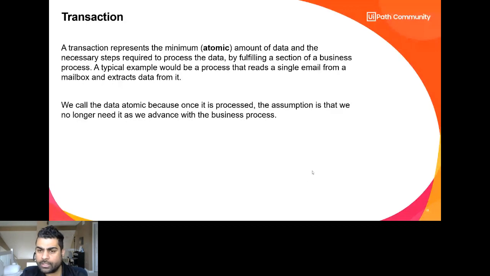So each record that I am processing, each email, will act as a transaction. And why are we calling it atomic? The moment we are done processing one record, that record is basically of no use to us. So that is where it is atomic. Once we are done processing that record, it becomes obsolete, or we don't need it anymore. That is what a transaction basically is.